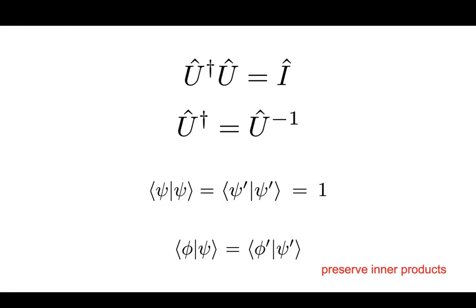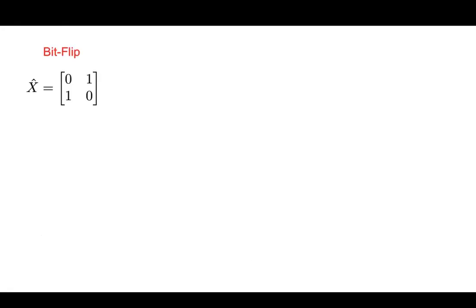In quantum information, these unitary operators are called gates. So what are some examples of these gates? Let's start with one qubit gates. This is the bit flip gate. It flips ket 0 into ket 1 and vice versa.